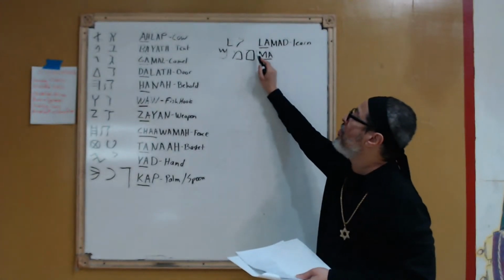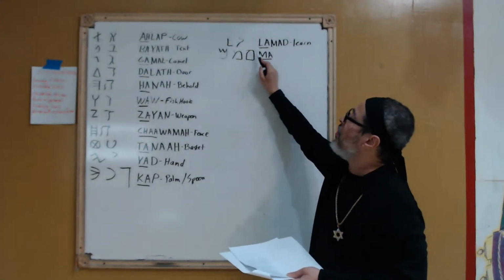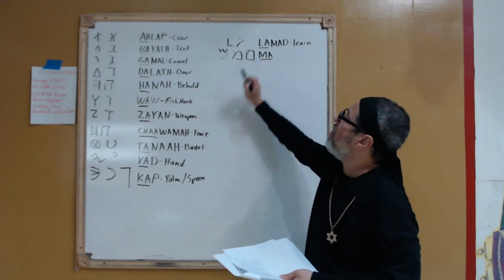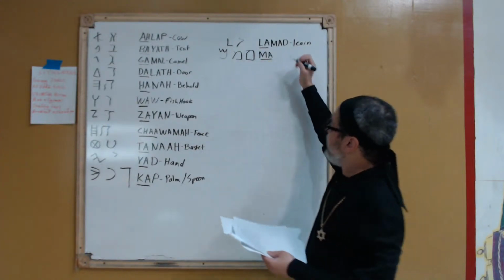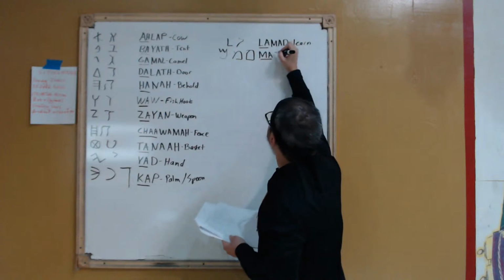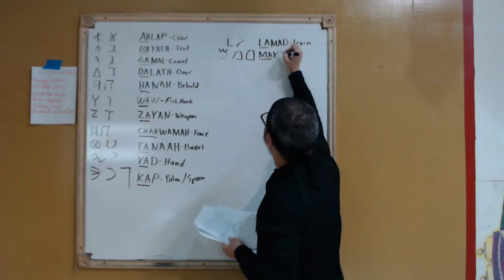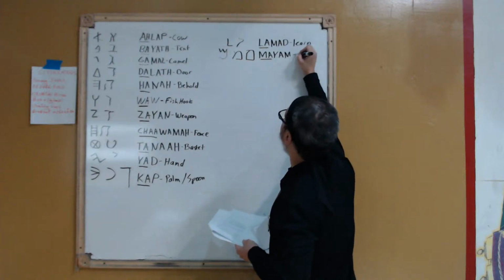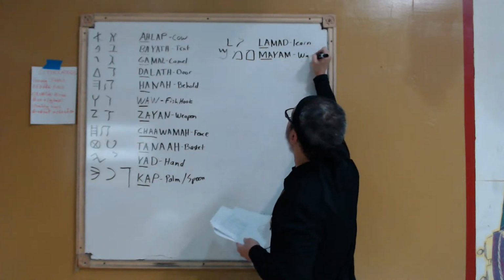So it's fully closed. It's more squarish. This is more roundish. This has a hook on the end. So that's the ma. And that's short for mayam, which is water.